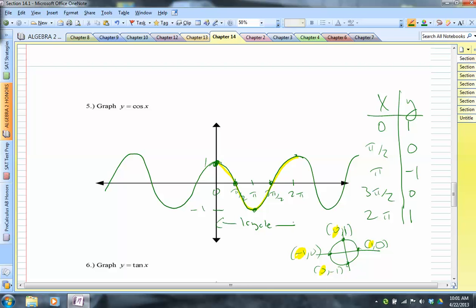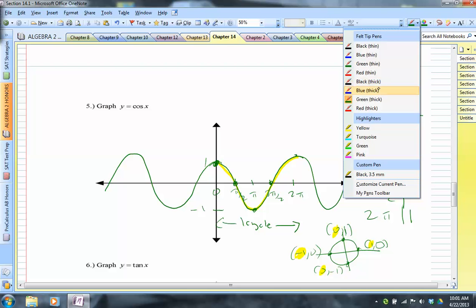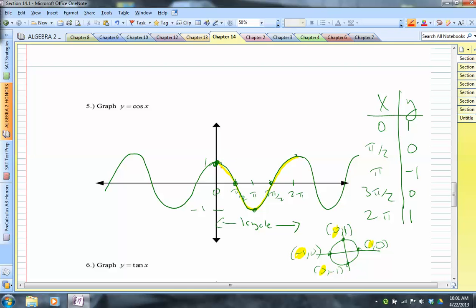That's still a length of one cycle. The amplitude is still going to be 1, basically from peak to middle. And remember, our A, B, H, K values were the same as they were in example number 1. And so this is the parent function for cosine graphs. So we'll investigate this more when we meet again as a class, and we'll start making some changes to it.